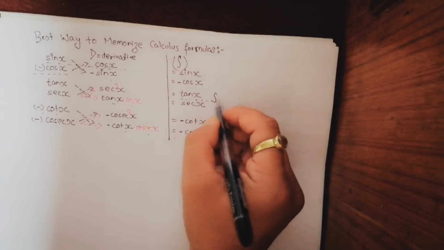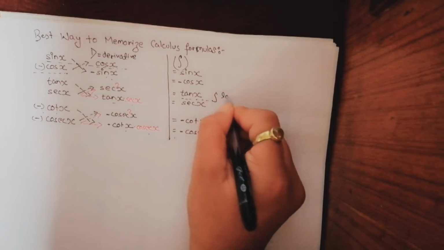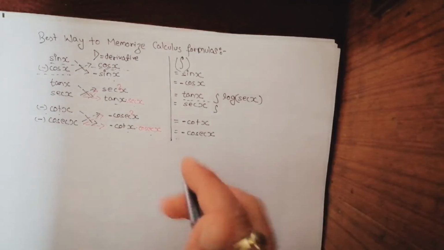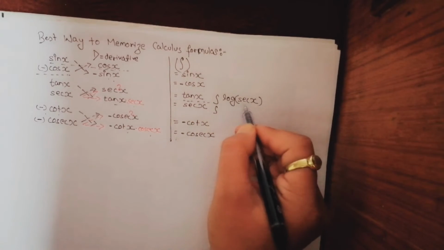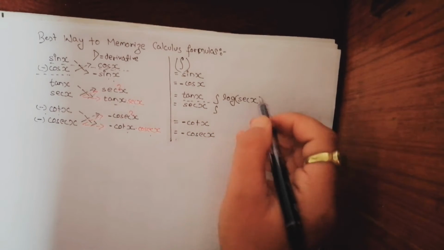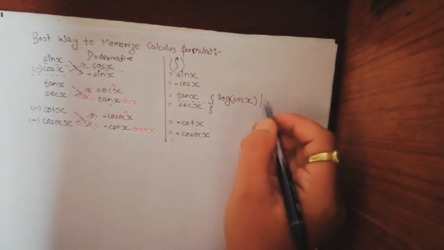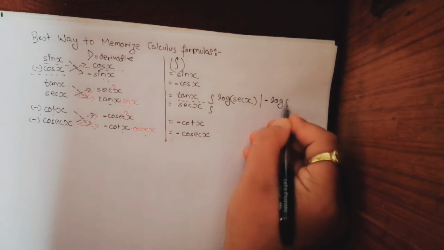So I'm seeking the integration of tan x, it will be just log sec x. If I am talking about the integration of tan x in terms of sec x, it will be log sec x. And if I am talking about the integration formula in terms of cos x, it will be minus log cos x.